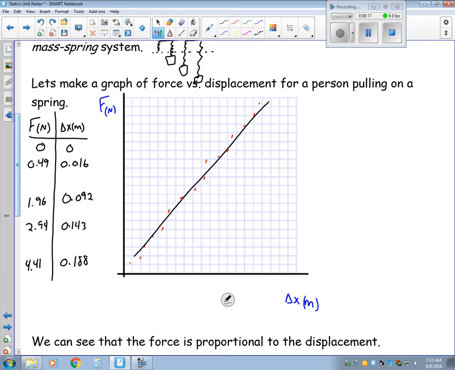Now, remember, whenever we see a graph, we want to understand what the slope represents and what the area represents. For the slope, the units would be a newton divided by a meter. That doesn't have any meaning to you just yet, but we're going to learn that that's actually the spring constant.